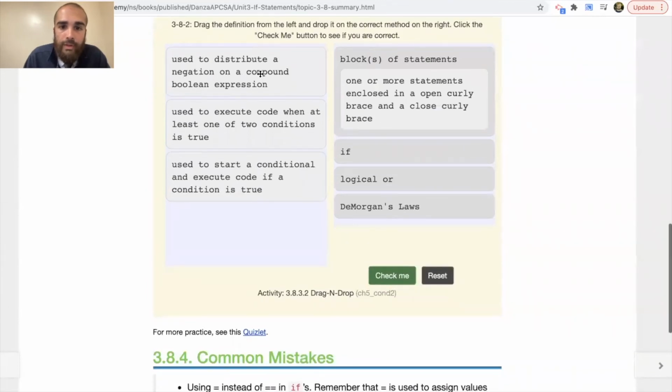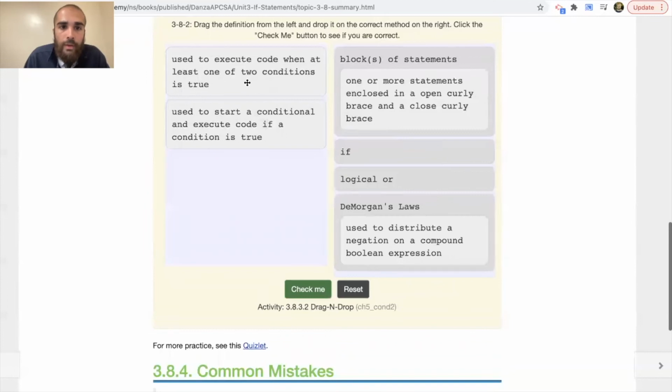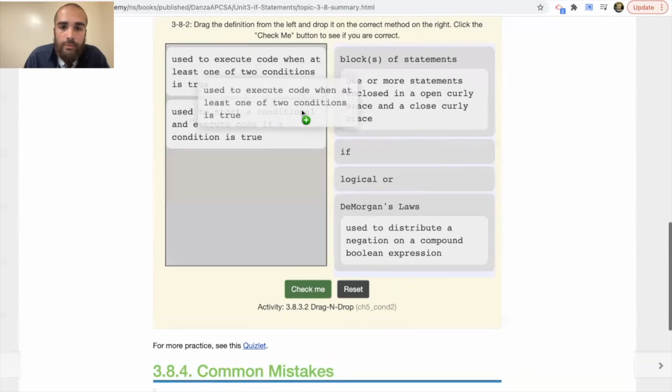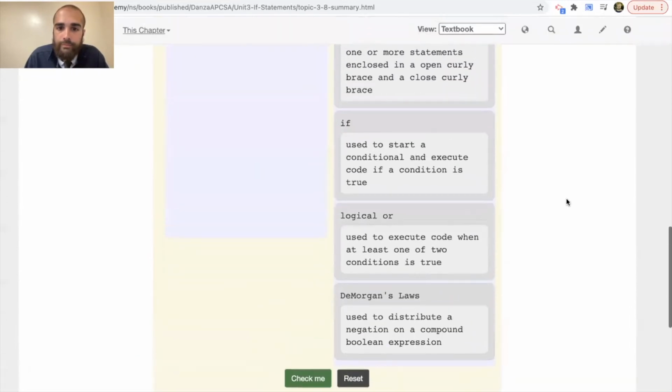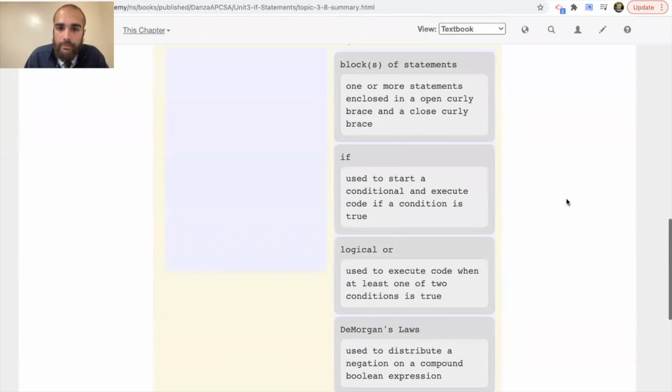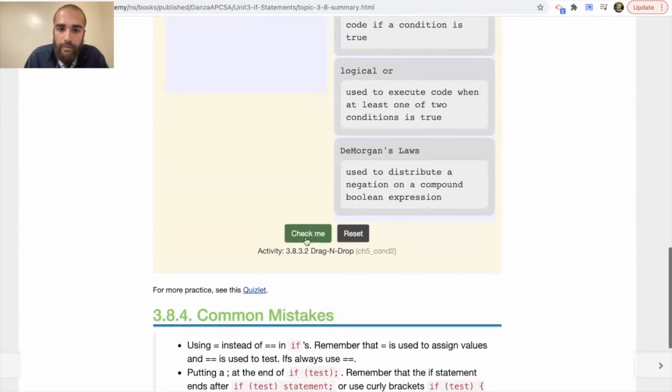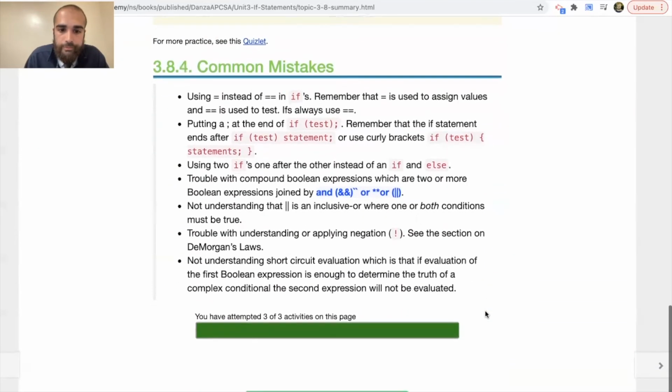Used to distribute a negation, that would be De Morgan's laws. Used to execute code when at least one of two conditions is true, that would be a logical or. And used to start a conditional would be if. All right, that's what it looks like. Let's go ahead and check it. And it's true.